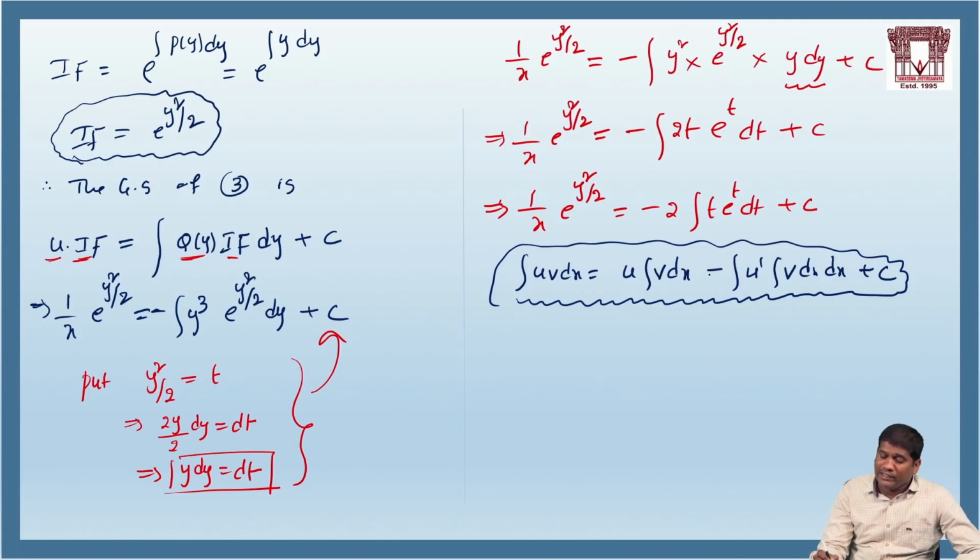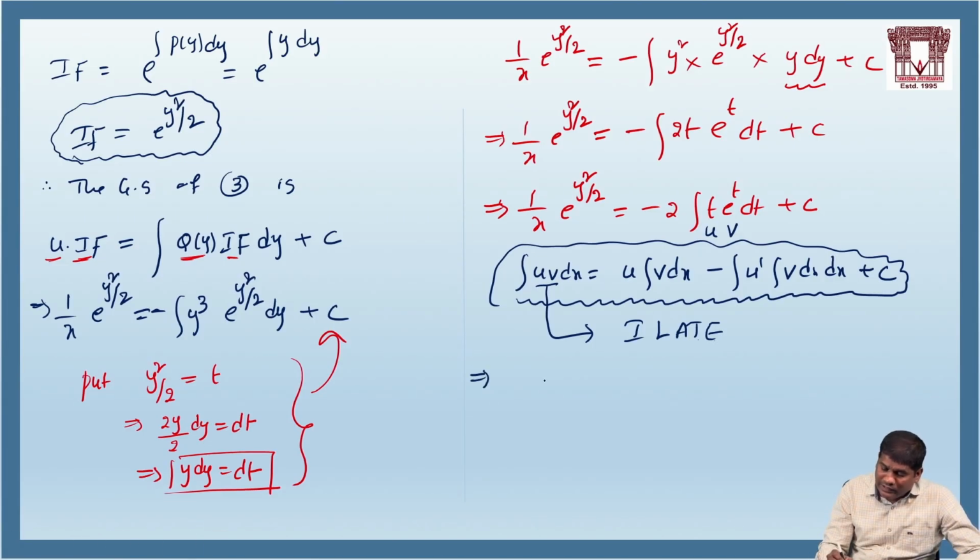When we are evaluating the integration of uv, first we have to arrange the uv in the form of ILATE. I means inverse function, L means logarithmic, A means algebraic, T means trigonometric, E means exponential. T is the algebraic, that's why we are writing this as u. E power t is the exponential function, that's why we are writing this as the second function v.